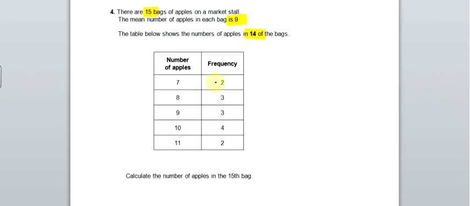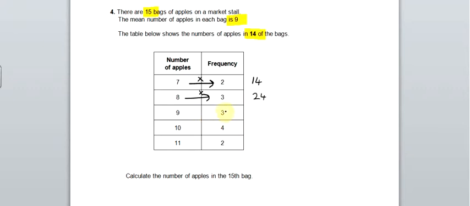Well, the key to this is to understand what you're doing with the TAD, really. So first of all, I'm going to work out how many apples there are in this table. So this is the times part of it, and the reason for that is that 7 apples turn up in 2 bags, which means that that's 14 apples. There are 3 bags with 8 apples in, that's 24 apples.